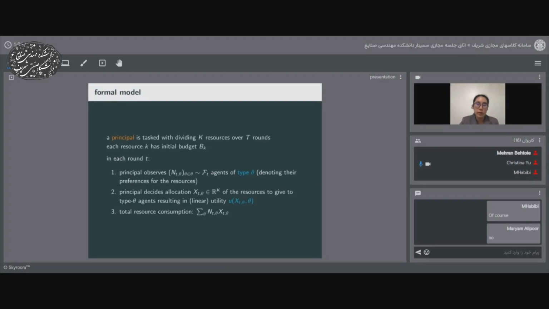And in order to motivate these different types for our setting, you can think of types being something like, say, there's a vegetarian, and the vegetarian clearly has very different utilities for the food than someone who's not vegetarian.